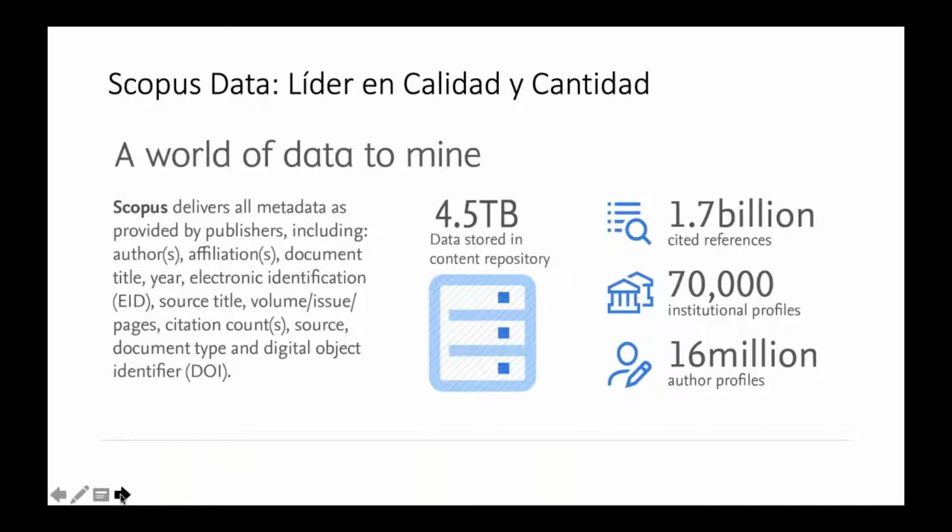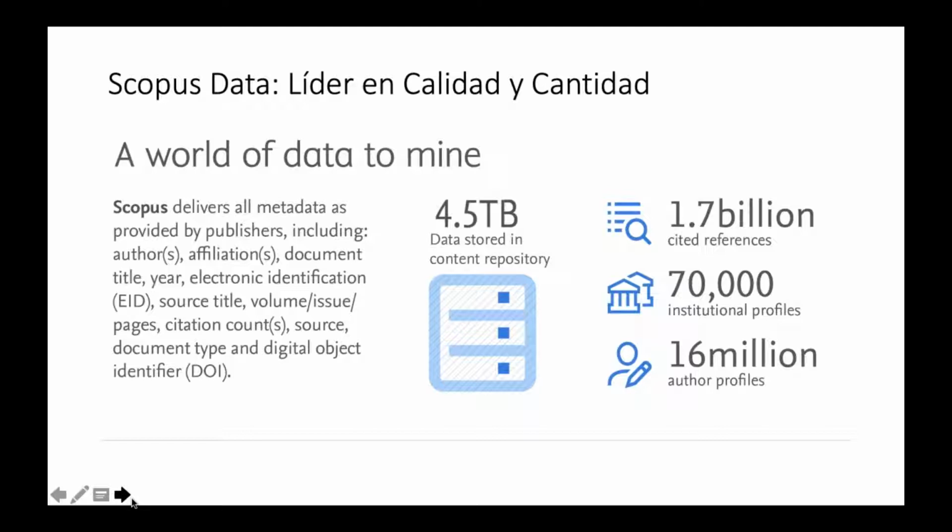Those amounts of documents are 4.5 terabytes of data, and this data allows Scopus to create these profiles for institutions and for authors that we'll try to see a little bit this morning, because we're going to focus on topic search, but I will try to show you the profiles. So it means that it's a big database.